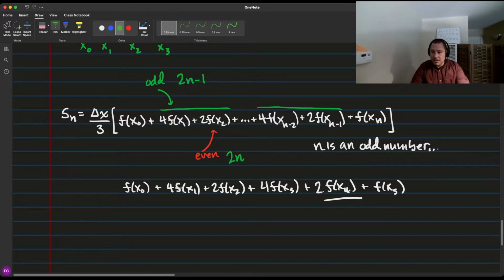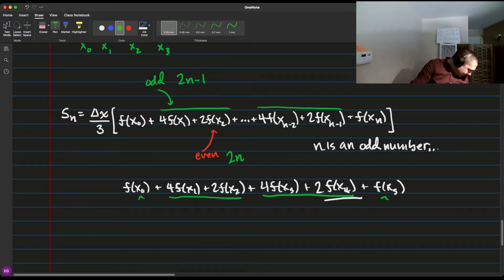Because pair of 4, 2, pair of 4, 2, the first and the last one are a pair. Oh, wait. Yeah, there we go. Sorry, I caught myself for a second. I was like, wait, what am I saying? Yeah, n has to be an odd number. Zero, 1, 2, 3, 4, 5.